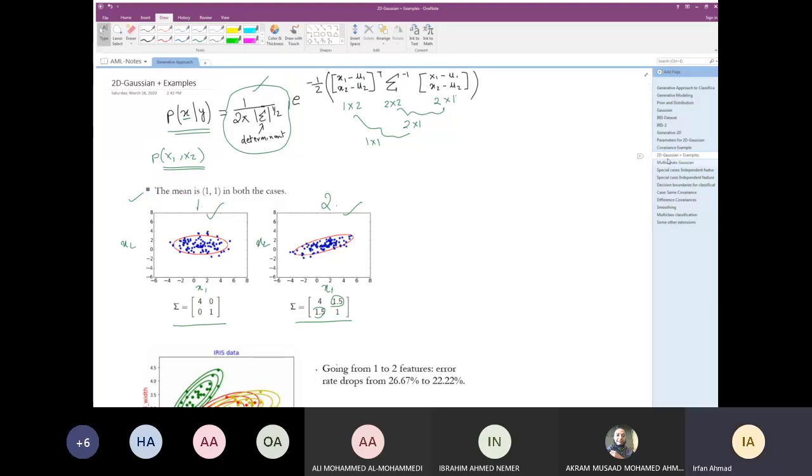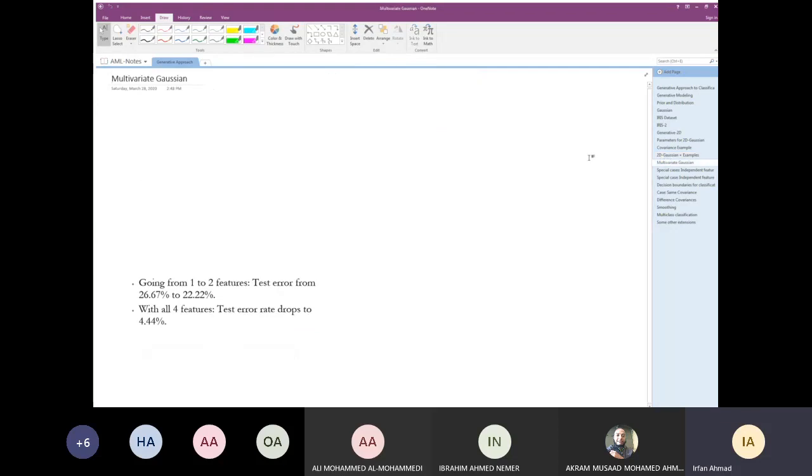So now let's move to the concept of multivariate Gaussian. The multivariate Gaussian is just the generalization of what we have been discussing so far. Now we are speaking about any number of features, not just one or two, right? So the question is, what changes? The first component we estimate from the training set is the priors of a class, which is exactly the same, nothing changes.